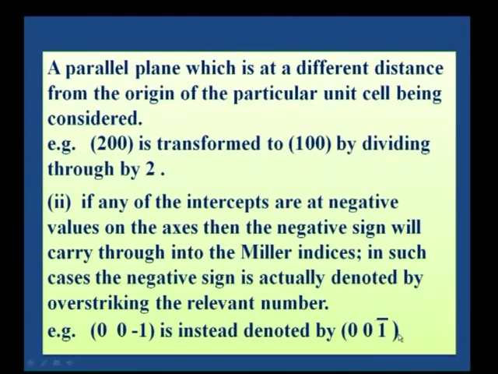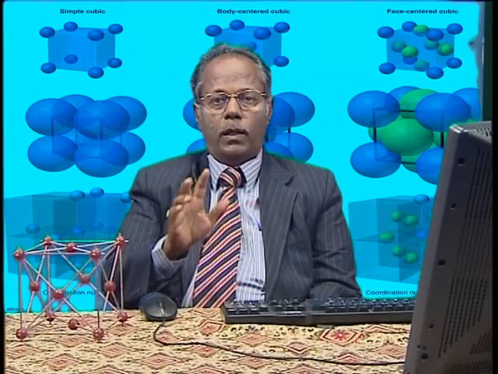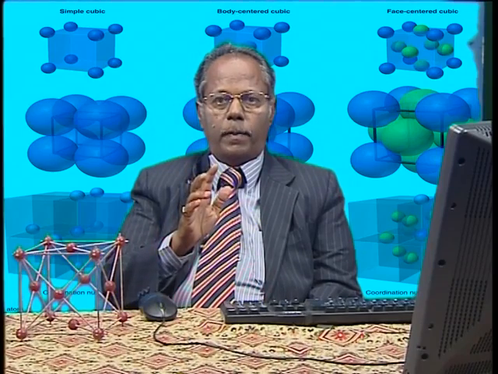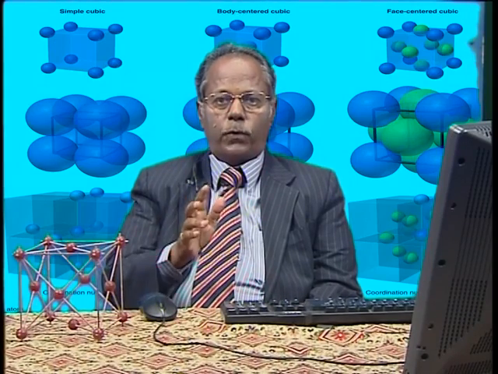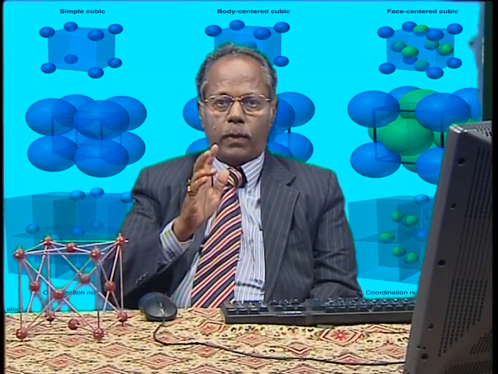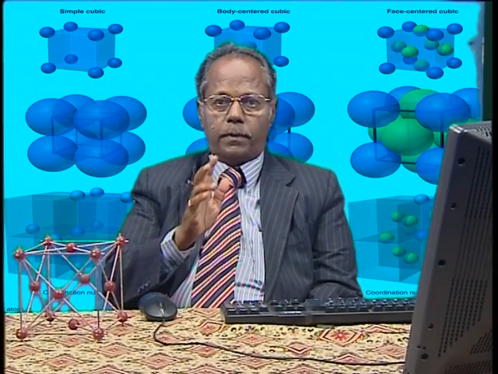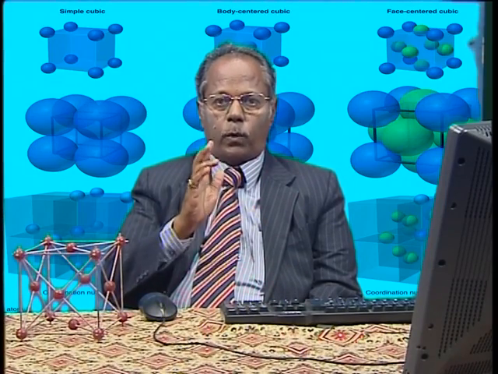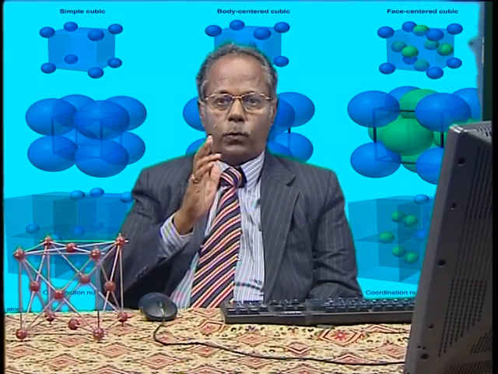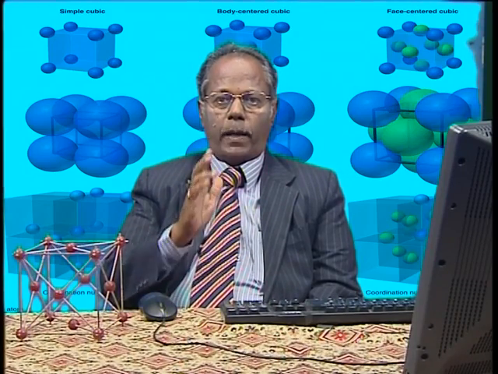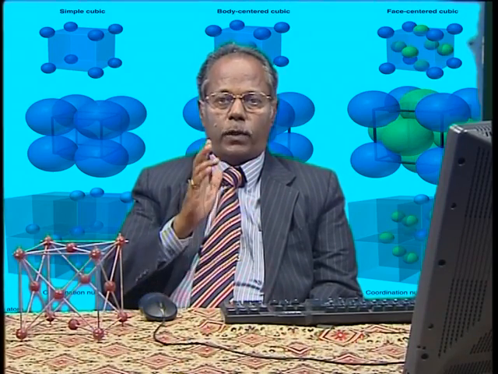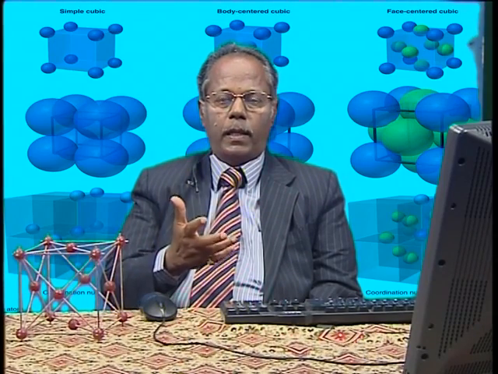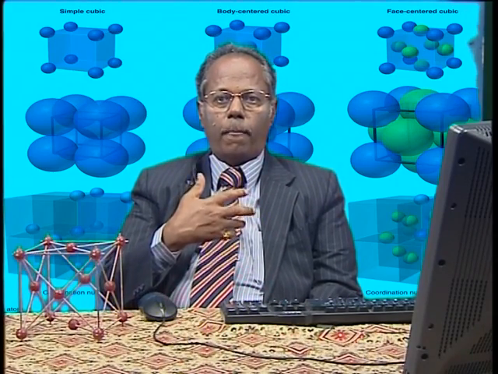This is a very important thing. A family of planes which are parallel to each other will be referred to by only one set of integers in the HKL. Suppose I put 1 1 1, that means 2 2 2, 3 3 3, all the planes which are parallel will be referred to as only 1 1 1. 111 refers to not only a single plane, but a family of planes which are parallel to each other.